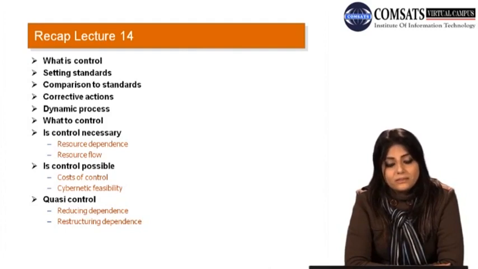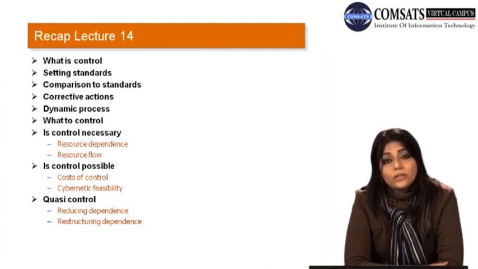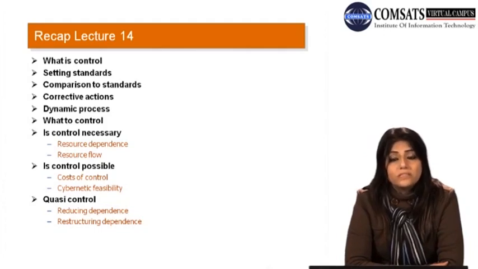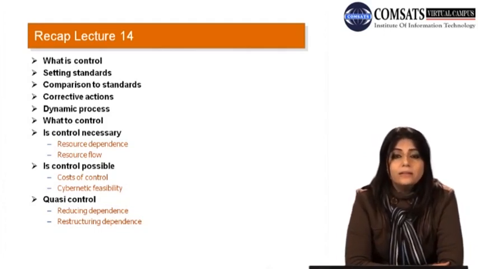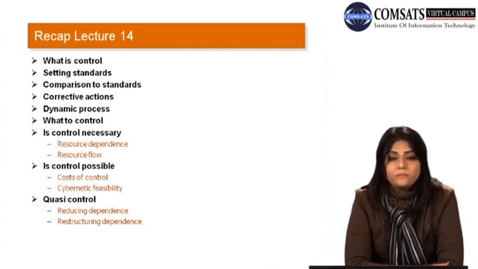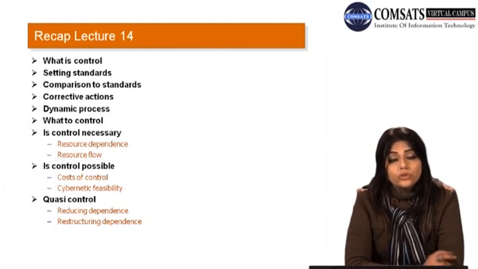One was the resource dependence, and the other was the resource flow. We saw that if the nature of the resource is critical for the business of the organization, then that organization is highly dependent on that particular resource for its business or profitability, and in that case it's really important to control that resource.